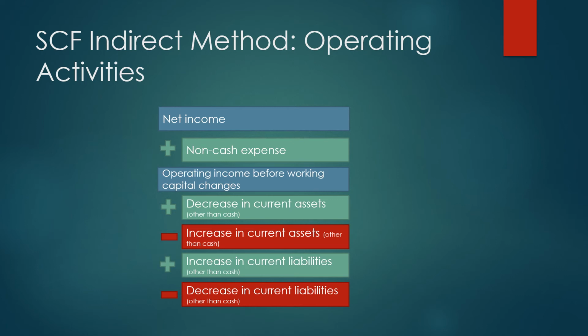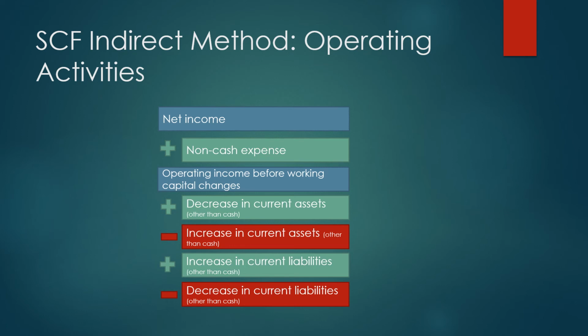Ma'am, why do I add when the current liability increases? If your current liability increases, for example accounts payable, it increases. So, credit accounts payable, probably debit cash. If they increase, there is an addition to their normal balance of credit.